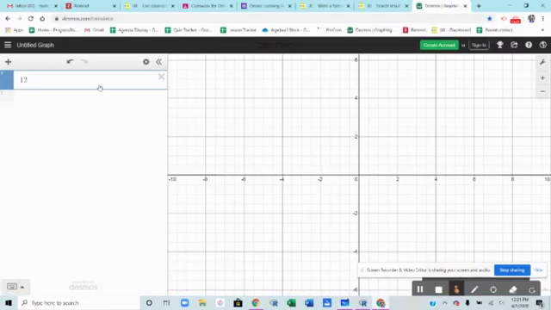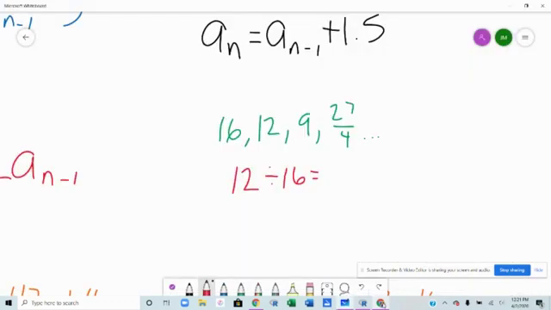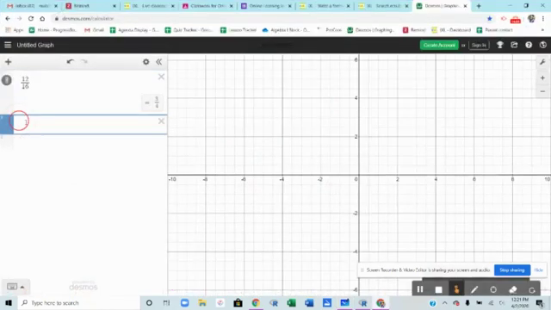So I'm going to use Desmos to do that. Remember I said I don't want decimals, I want fractions, so I'm just going to fraction button it and get 3 over 4. Now I'm going to see if this is my common ratio. I'm going to start with 16 times 3 over 4. Gives me 12.